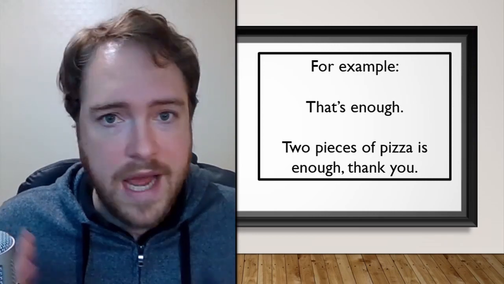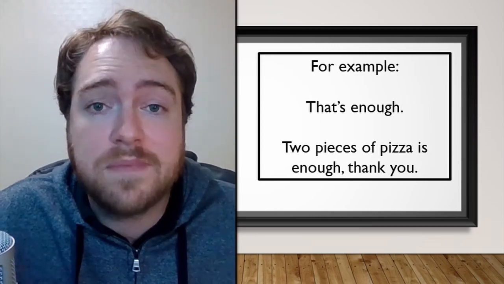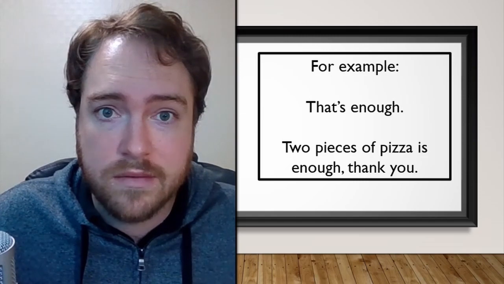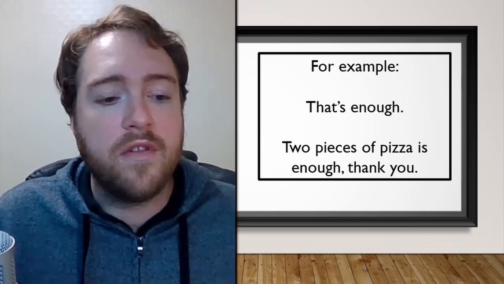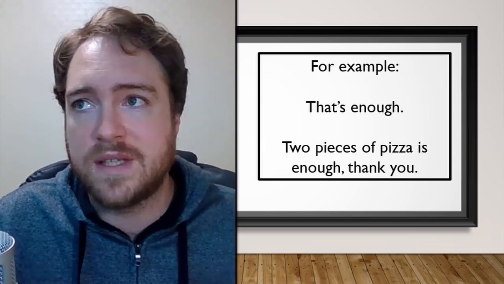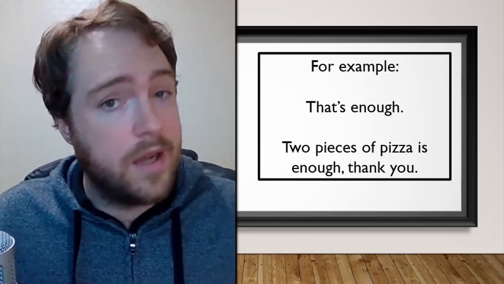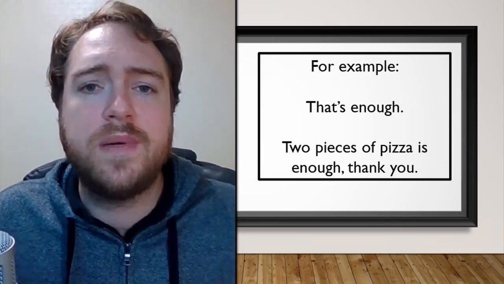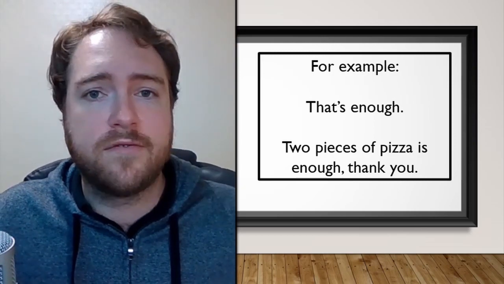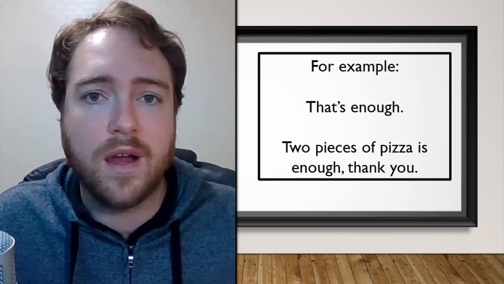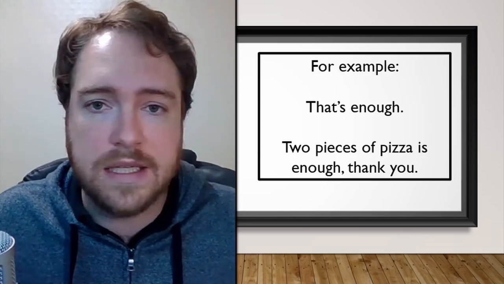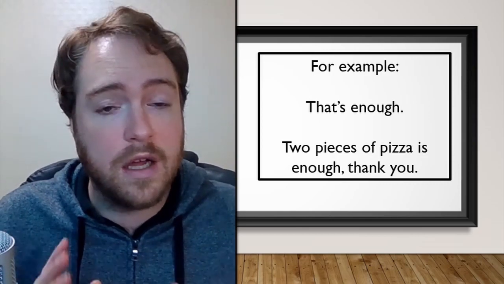All right, there's no noun in that sentence, but that's because the meaning is clear from the context if something is happening around you. Or another example, 2 pieces of pizza is enough. Thank you. All right, so again, we don't need a noun to follow enough.